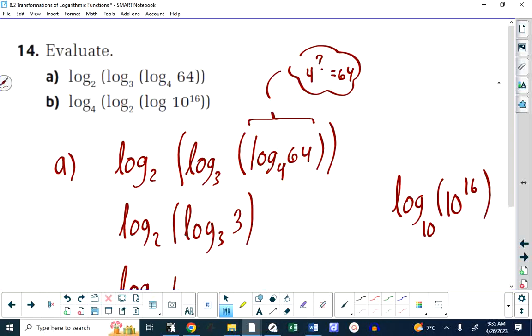It's implied, but it's going to be important particularly for tomorrow's lesson. So log, it's base 10 because it just says log. Log base 10 of 10 to the 16 is 16. It's saying, what do you raise 10 to so that it becomes 10 to the 16? Well, you have to raise it to the 16 to get 10 to the 16. So this is 16.